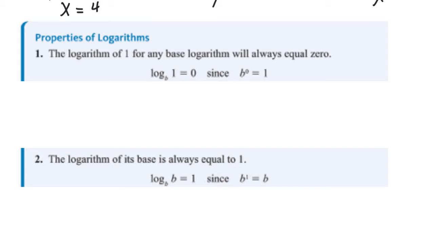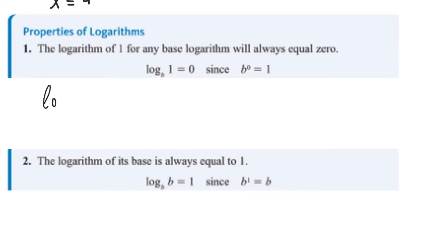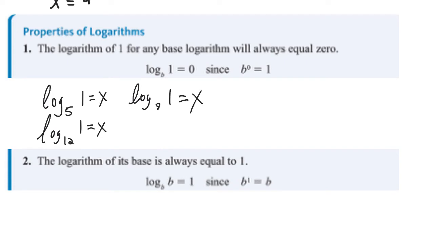So if I say log base 5 of 1, or log base 12 of 1, or log base 8 of 1, remember that if you're trying to figure out what that something is, you can change these to exponential form. So this base 8 becomes the big base, and the x and the 1 switch spots.